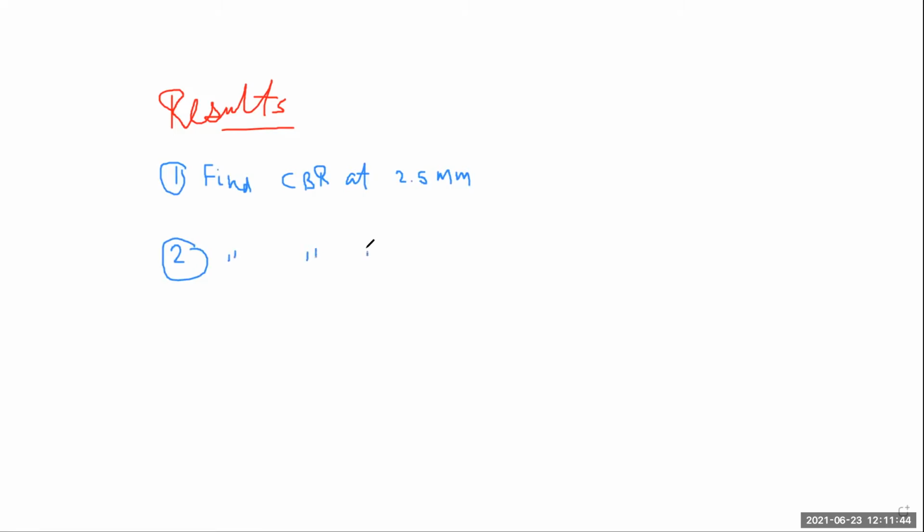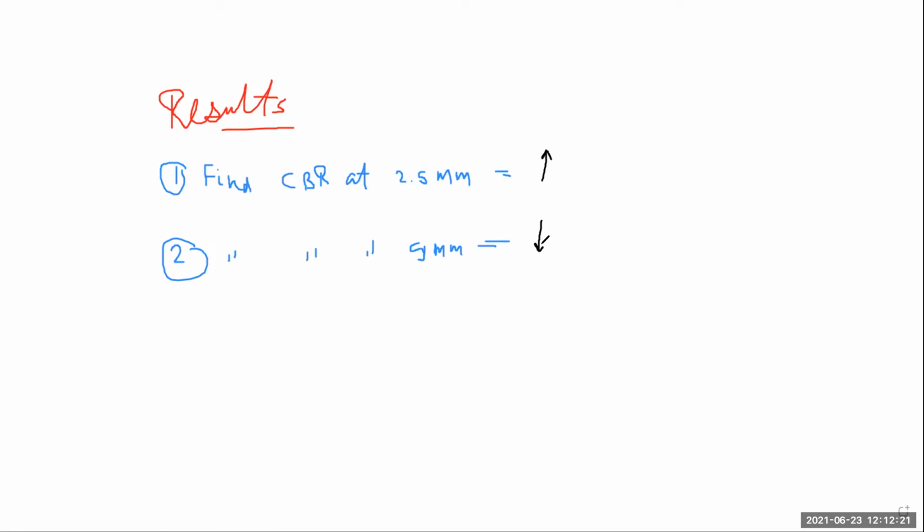Among these two penetration values, we generally get a higher CBR value for 2.5 mm penetration, and a lower CBR value for 5 mm penetration. If the CBR value for 2.5 mm penetration is more, then it's okay.